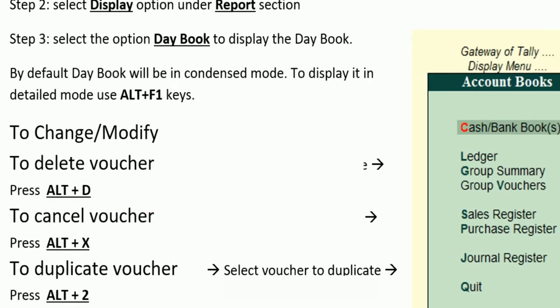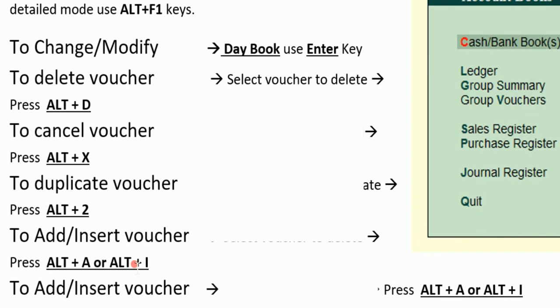To delete a voucher, we press Alt plus D. And remember, there is no undo option in Tally. Then to cancel a voucher, we press Alt plus X. And to duplicate a voucher, if one voucher is available and you want the same voucher again, then you can press Alt plus 2. That is called duplicating a voucher. Then to add or insert a voucher, Alt A or Alt I.